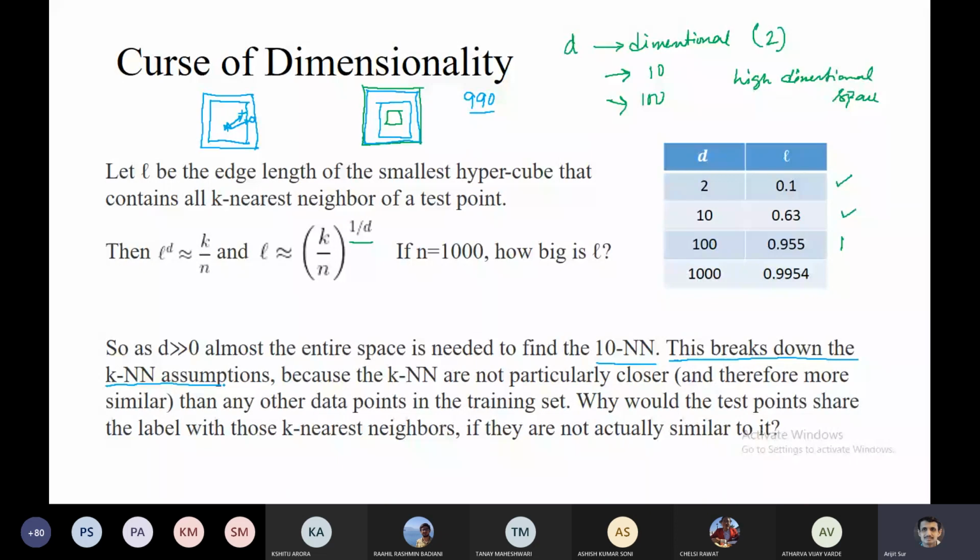That's why it is called the curse of dimensionality: a nearest neighbor is not particularly closer and therefore more similar than any other data points in the training set. Why would the test point share the label with those k nearest neighbors if they are not actually similar? So that is the major problem of KNN when the dimension is extremely high.